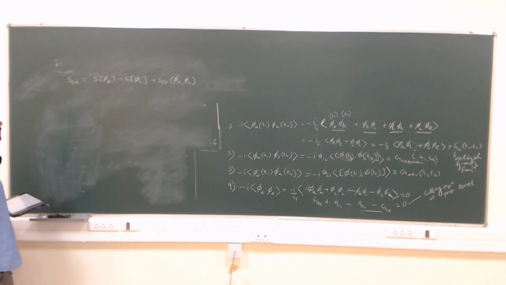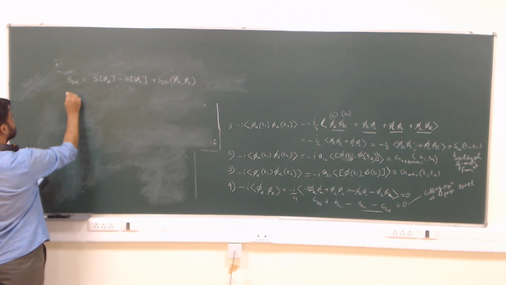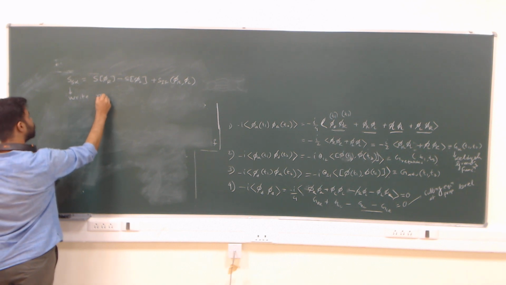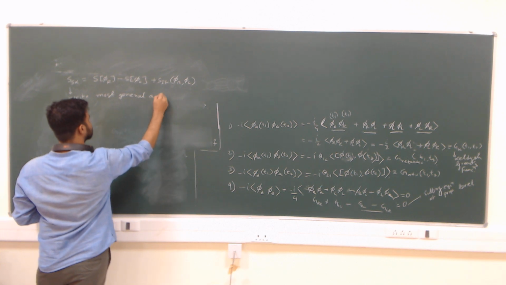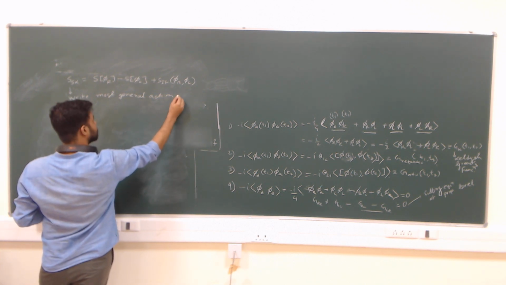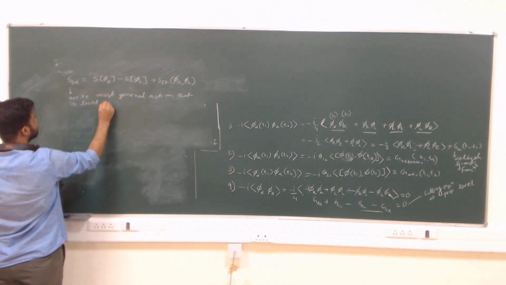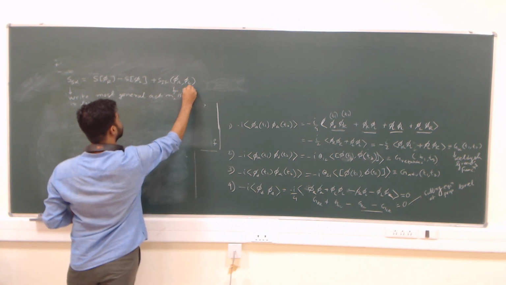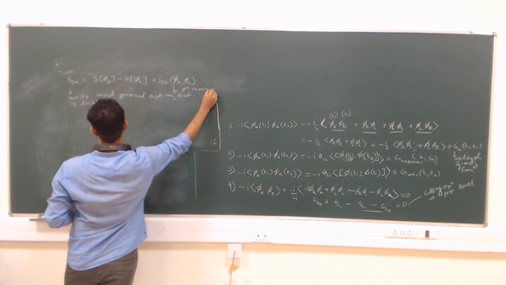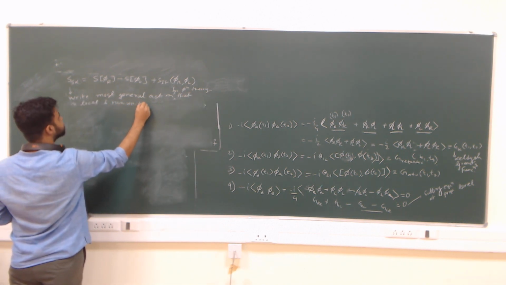So what we will do, taking this input into consideration, is try to write the most general action that is local and non-unitary. So we'll try to write some mixed field terms as well.